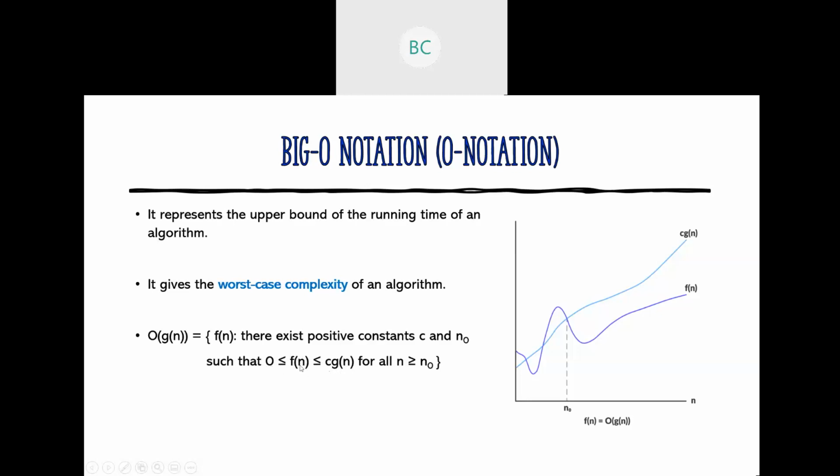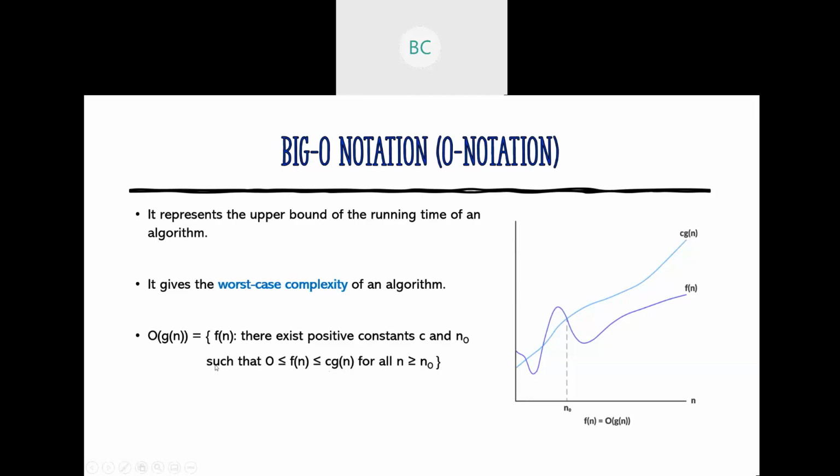So your function Fn should lie between 0 and your upper bound Gn. There is another C, a constant, since there will be a cost for each execution of a line. This C part will remain the same and your Gn function will keep changing according to your program.